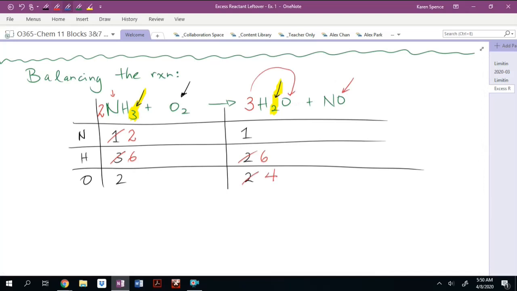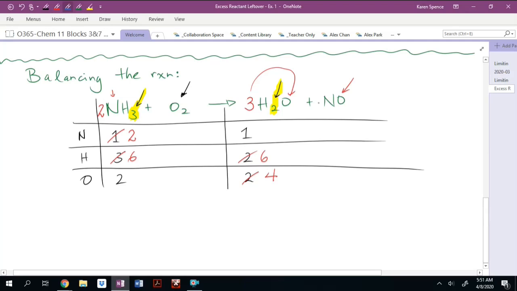Okay, so let's now do our nitrogens because we're going to leave oxygen till last. So we now have three oxygens, two oxygens, three, four. Four. Sorry, it's only like 10 to 6 in the morning, so my brain's a little foggy. Okay, here we go.